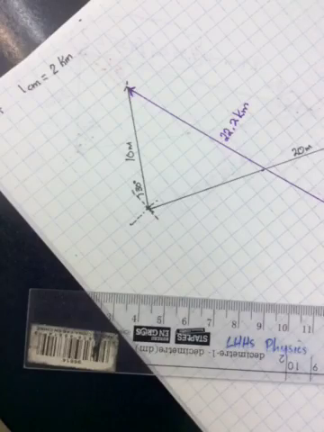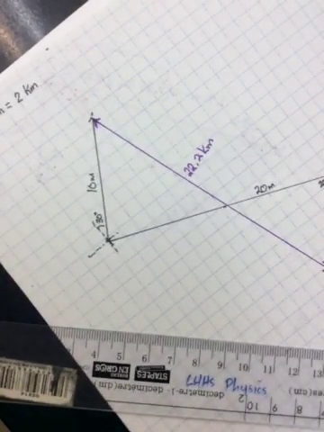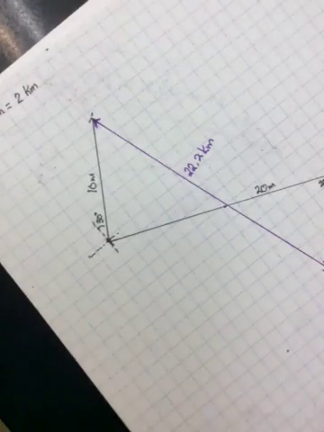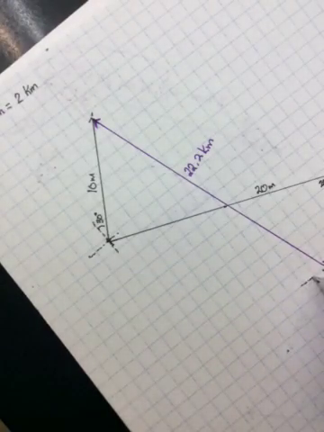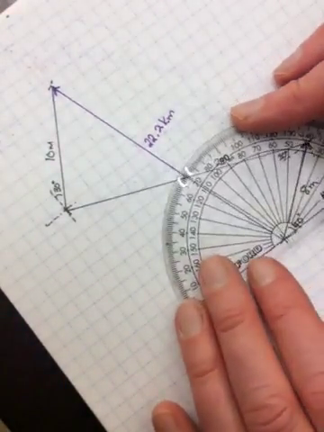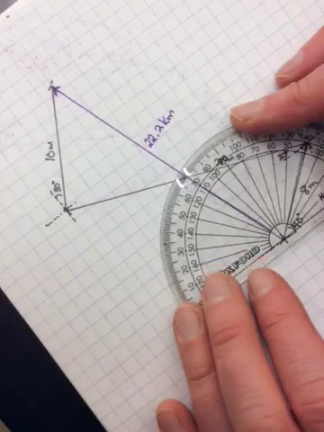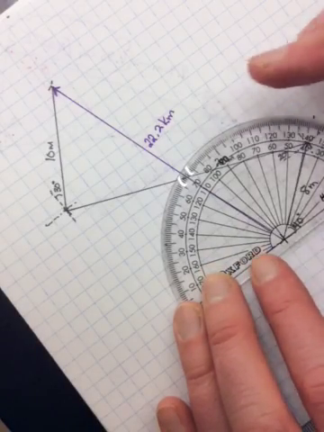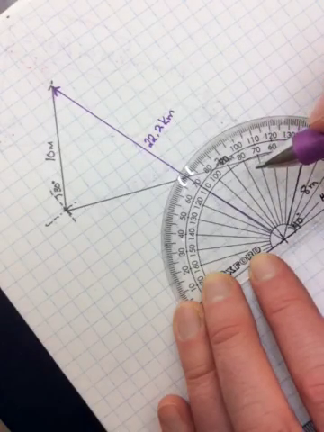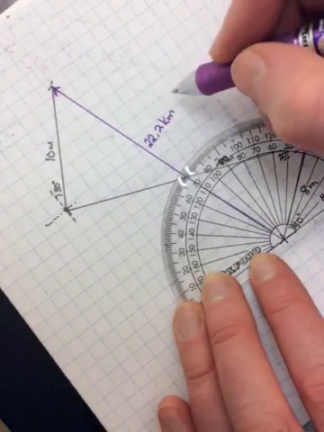Now I need to take my protractor and measure the angle down here. You can measure with whatever part you want. I might measure with the west, just because we haven't recently, okay? So line it back up at the origin, and I'm going to measure off the west, going up to my purple line, and when I do that, I get 70 degrees.